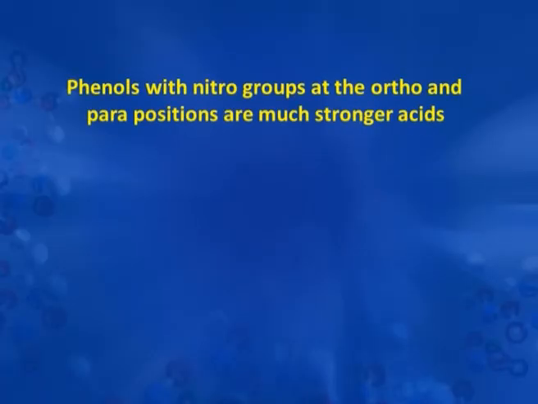We will now discuss the acidity order in the compounds substituted with a nitro group at the ortho and para positions. We normally observe that ortho and para nitrophenols are much stronger acids compared to other phenols. What is the reason behind it? We will look at the reason.